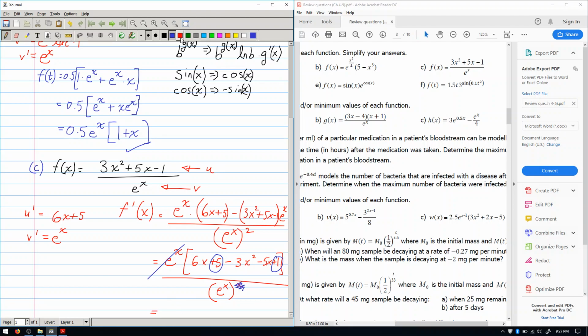I get 1x minus 3x squared plus 6 all over e to the x. That's it. That's basically what I get. So that's 16c.